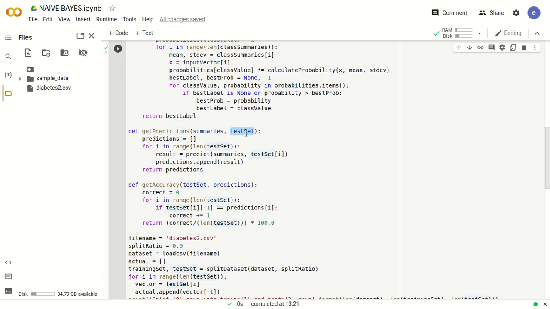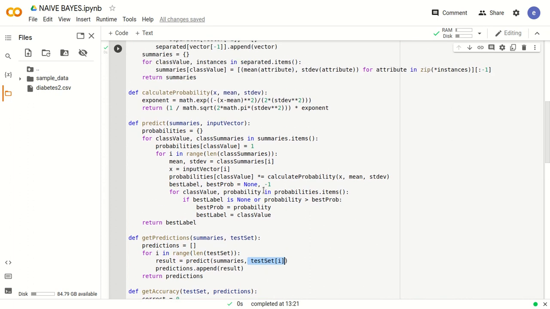This test set will be traversed in this for loop, and we will call the predict function for each of the instances in the testing data set. So this input vector is nothing but each instance in the testing data set. It will use the summaries and the instance of the testing data set as represented by the variable called input vector.